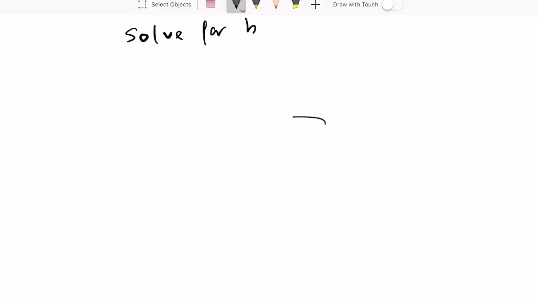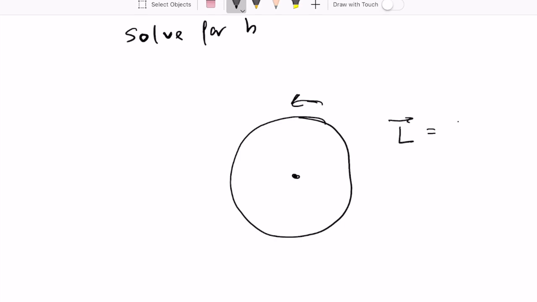Suppose you have a disk that's rotating about an axis which comes out of the page, and it's rotating in this direction, right? So the angular momentum L was I times omega. From this formula, you can see that L will have the same direction as omega, as long as the axis happens to be an axis of symmetry. So L is equal to I times omega.